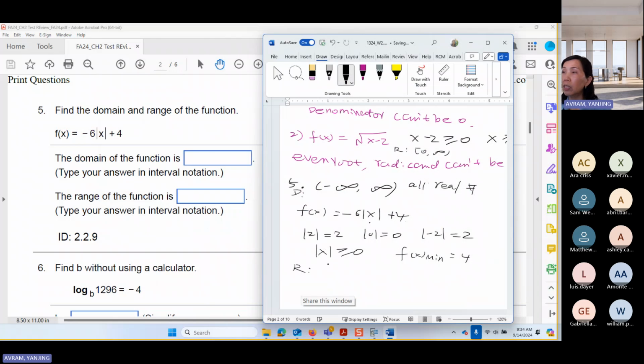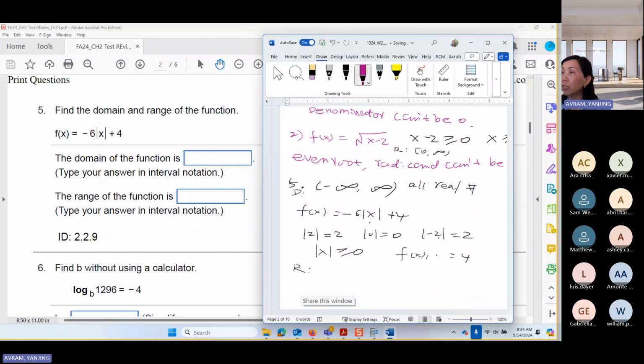Well, my range here, since this one will always be greater than or equal to 0, well, actually, I take it back. This should be my maximum instead of minimum. You know why it's maximum?